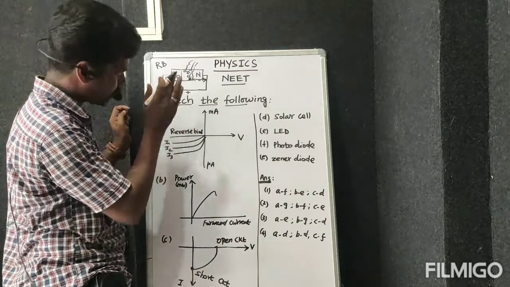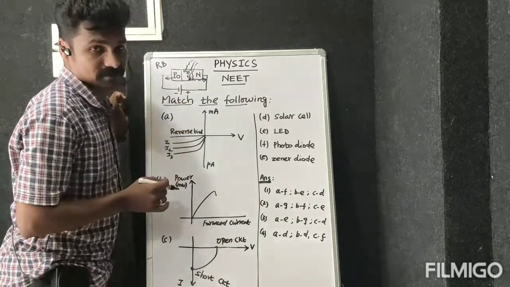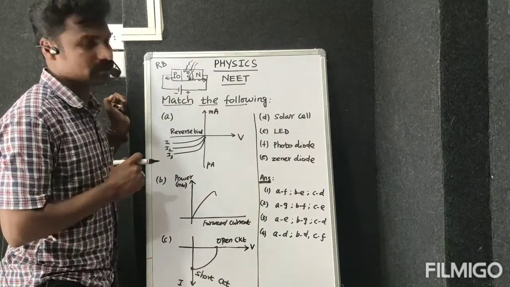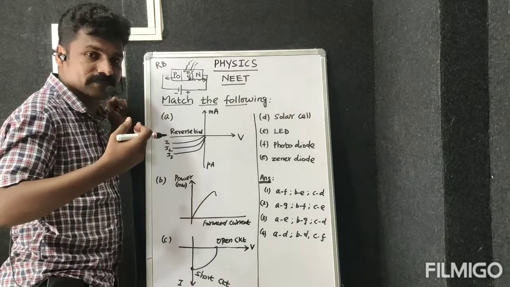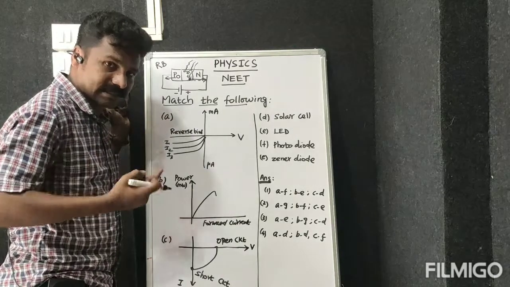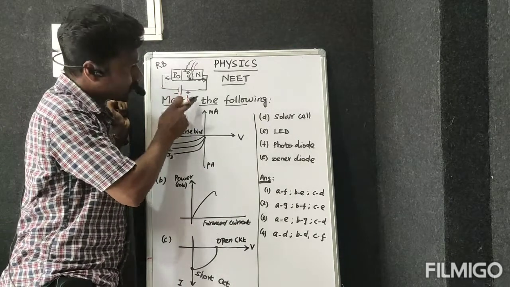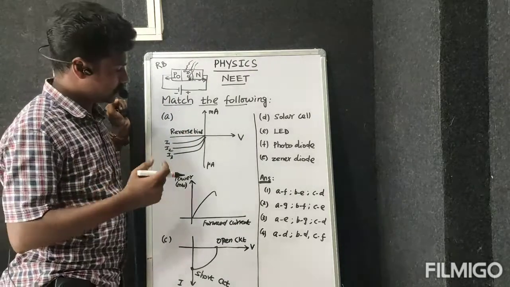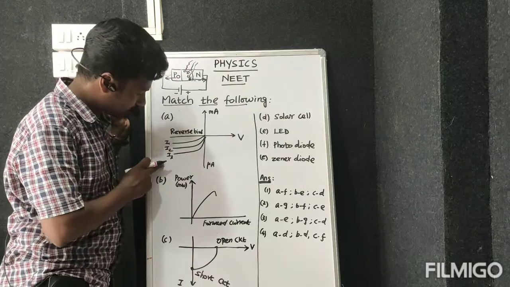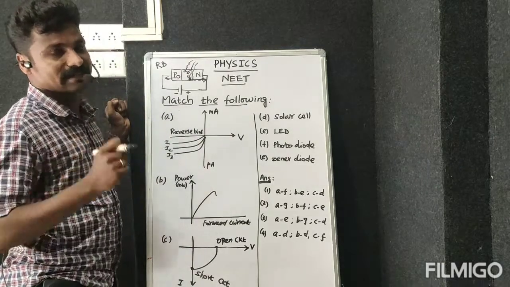So this is operated by the reverse bias. As well as one more idea, if the light intensity is increasing, the photo current will also increase. So here I1, I2, I3 is nothing but intensity of light.